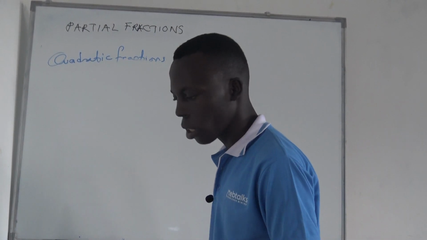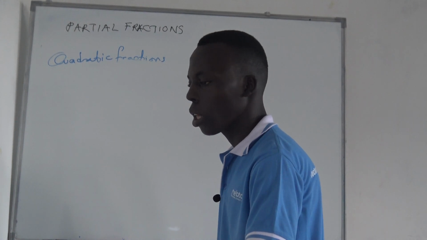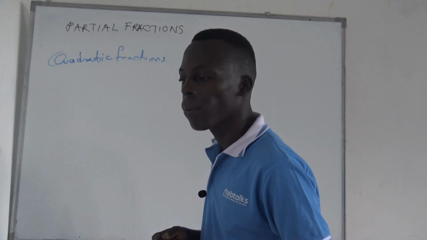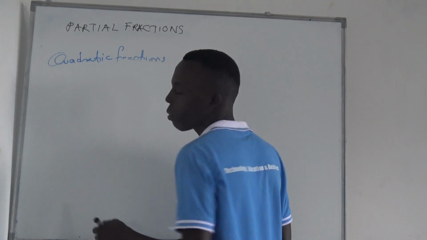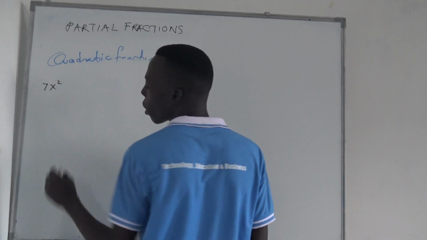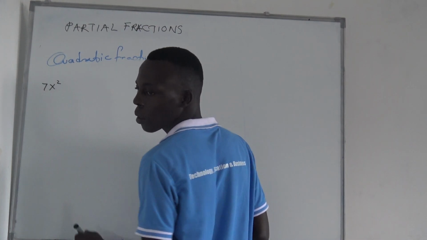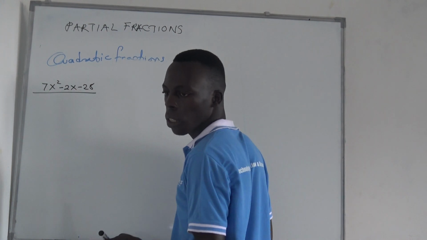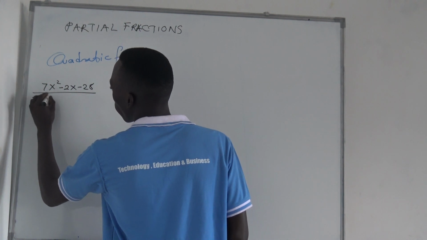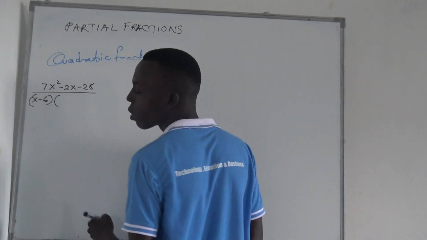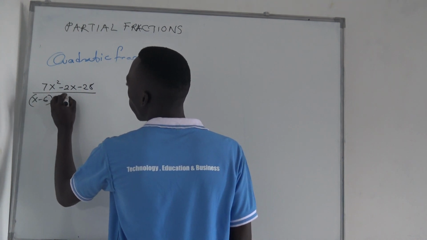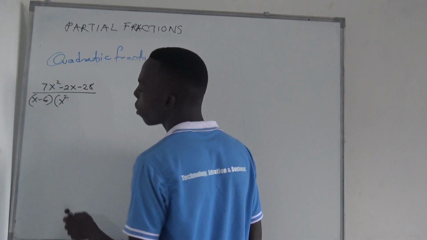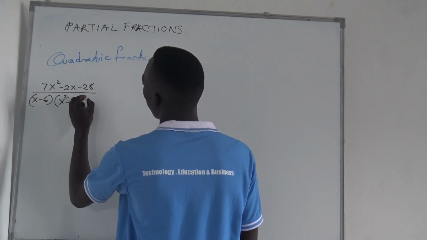Example 2 about the quadratic. It is saying express this one, which is 7x squared minus 2x minus 28 all over x minus 6, then times x squared minus 3x plus 5.